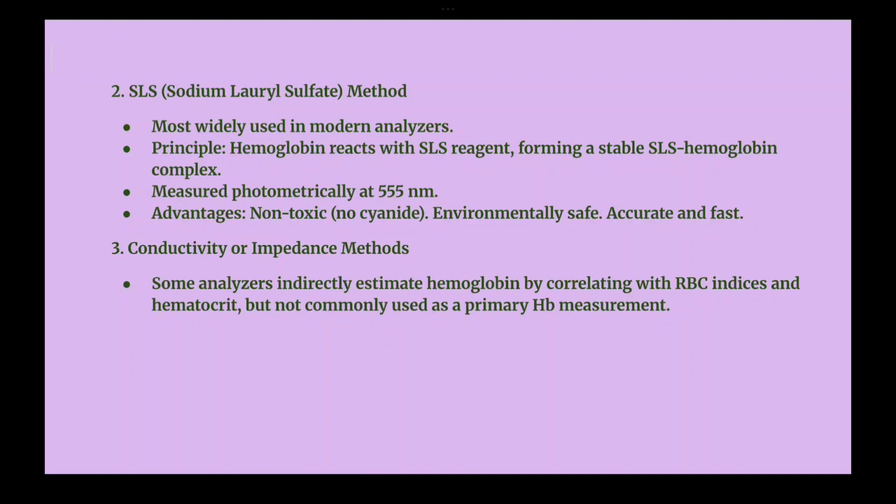Now, the conductivity or impedance method. Here some analyzers indirectly estimate the hemoglobin by correlating with red blood cell indices and hematocrit, but it is not commonly used as a primary HB measurement.